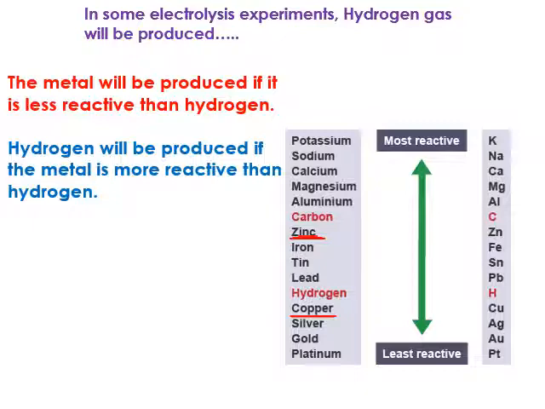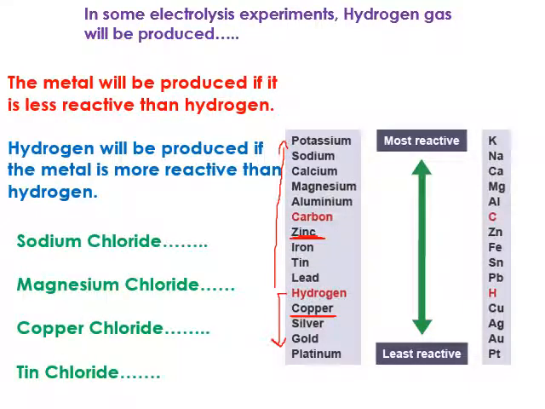In my previous example, zinc chloride, I wouldn't get zinc. Why? Because zinc is higher than hydrogen, so you get the gas hydrogen given off. So if the metal is lower than hydrogen in the reactivity series, you will get the metal given off. If the metal is higher than hydrogen, you will get hydrogen gas. So you can see it's reasonably difficult to get a metal out.